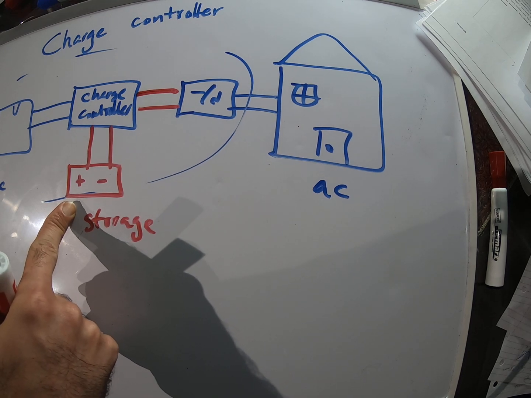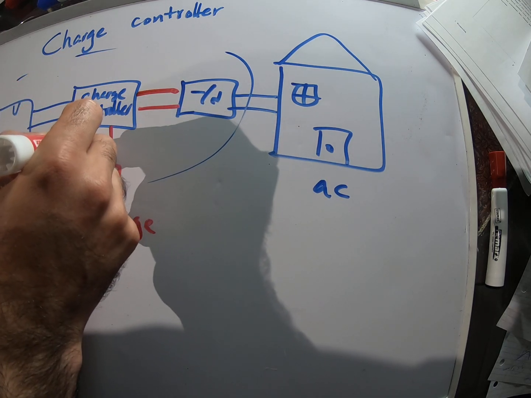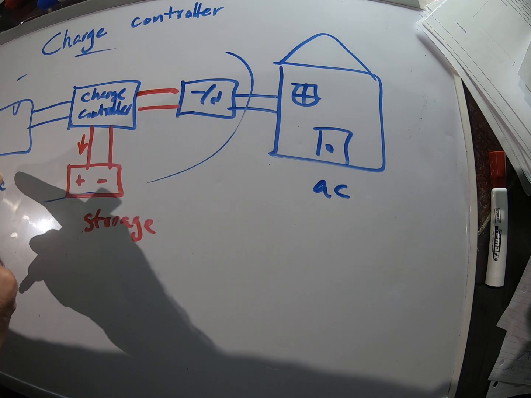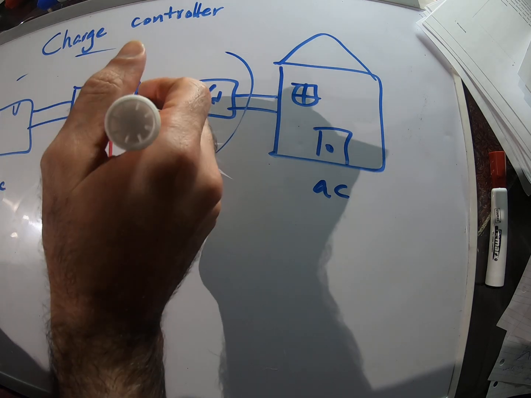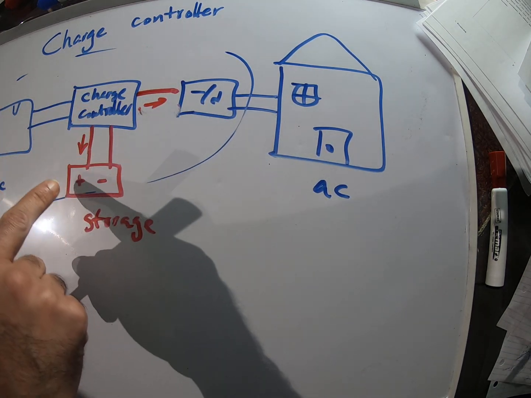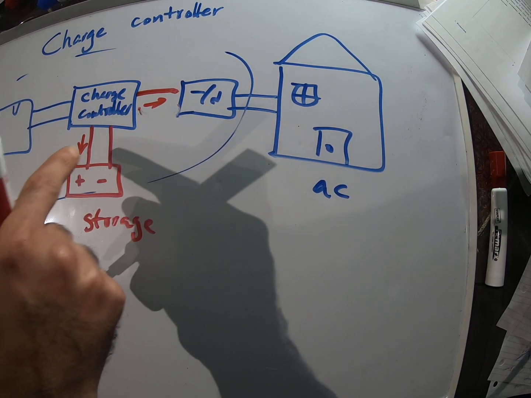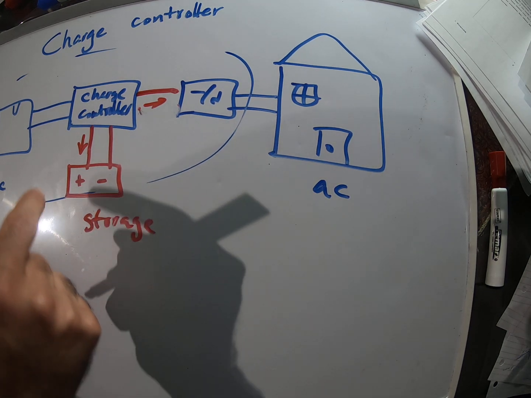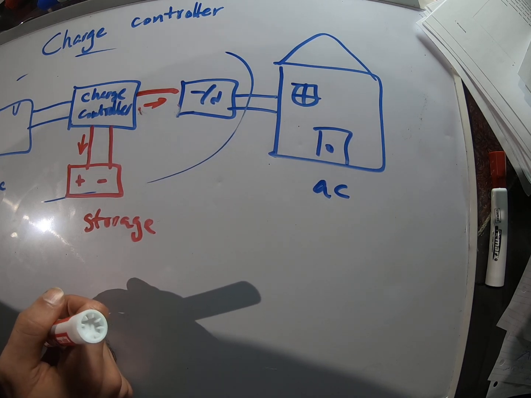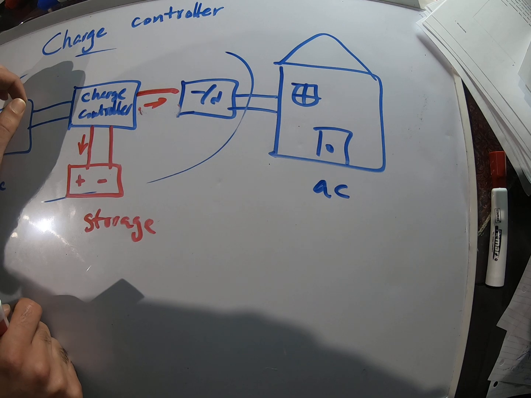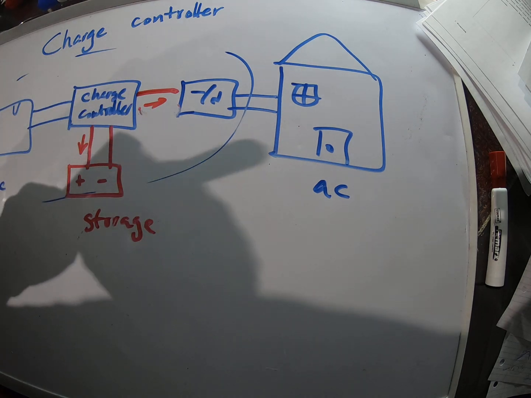Let's say that we have a very sunny day, so this charge controller would control how much charge goes through here and how much goes here. So it tries to basically maximize this one first, right, and store energy into our battery. So this is like the battery charger here. And then let's say at night we don't have that much power coming from here, so in that case it would basically get the energy from the battery.